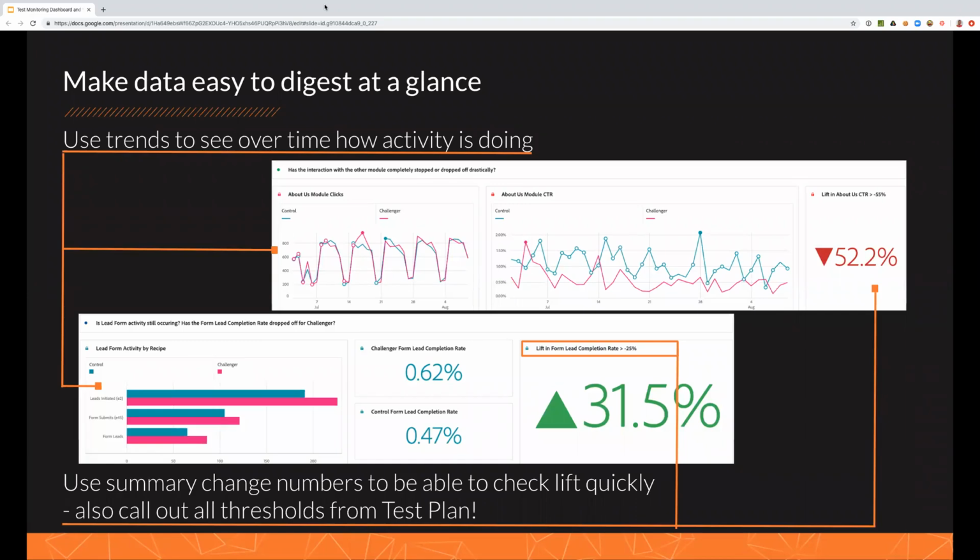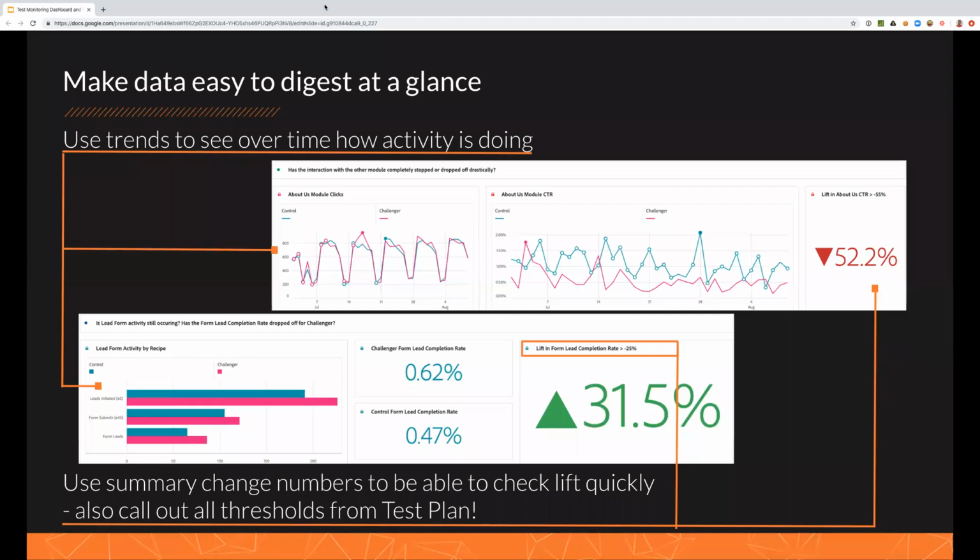And so here in the visuals, we do a lot of the trended view of control versus challenger, again, making it visually easy to see if something had a crazy spike that was persisting or a crazy drop off that just didn't seem right. We would want to go check it out on the site. And we also, because of those thresholds that were set around some of these metrics in our test plan, use a lot of summary numbers.